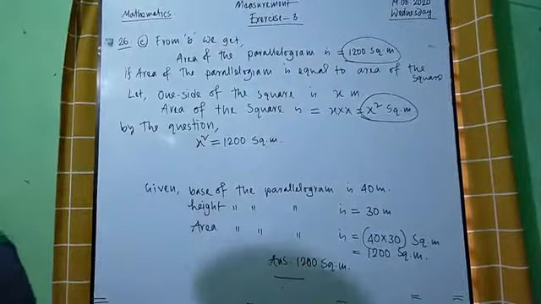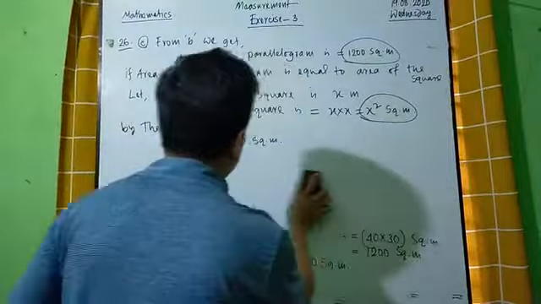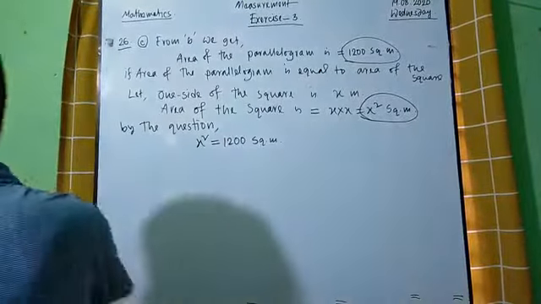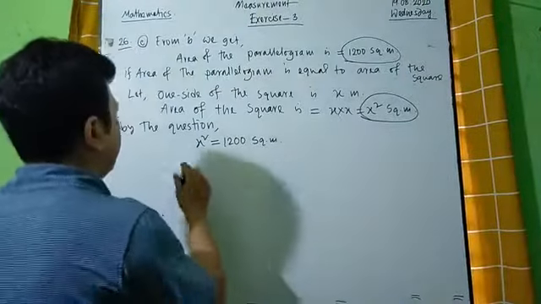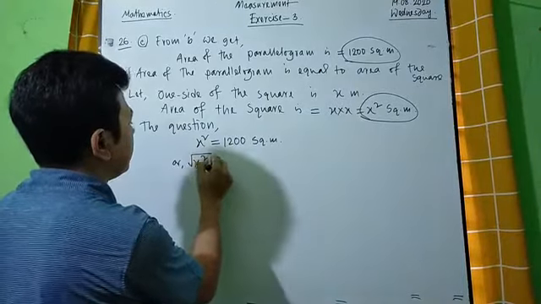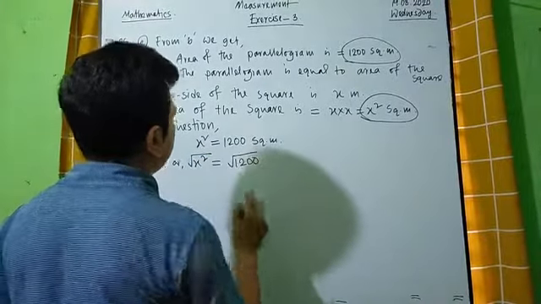Okay, we have to find the square root of 1200.